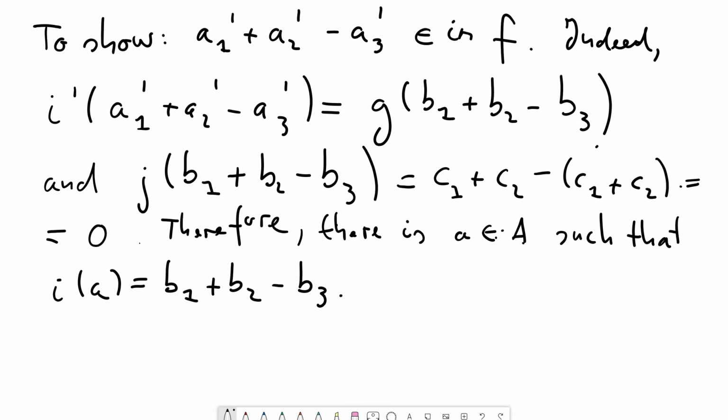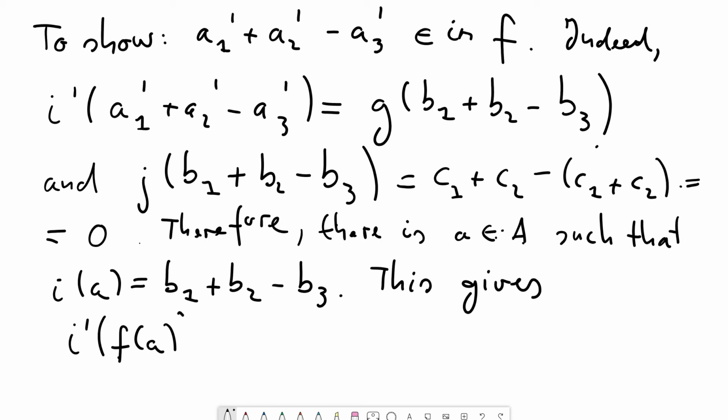Okay, right. So this element A is the new thing I've constructed now. What can I do with an element A, from capital A? The only thing I can do is apply F to it. So let's do that. This gives an element F of A, which now lies in A prime. The only thing I can do with an element of A prime, really, is applying I prime to it.